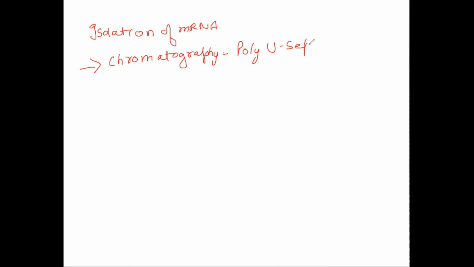The first step is isolation of mRNA. You select a suitable host or tissue, and first and foremost it should have an excess of mRNA. We have different procedures for that. The basic procedure is chromatography. In chromatography, we use poly U sepharose.